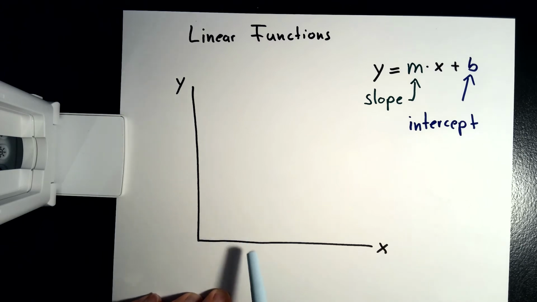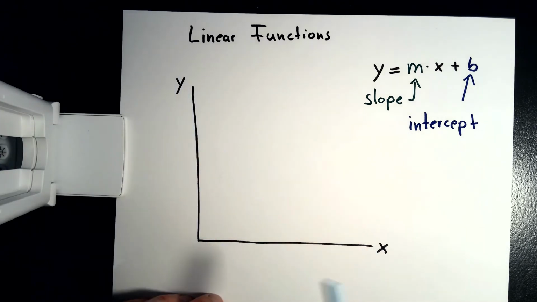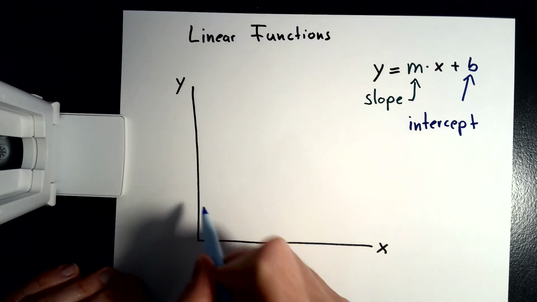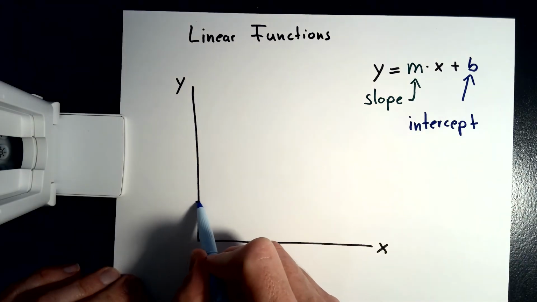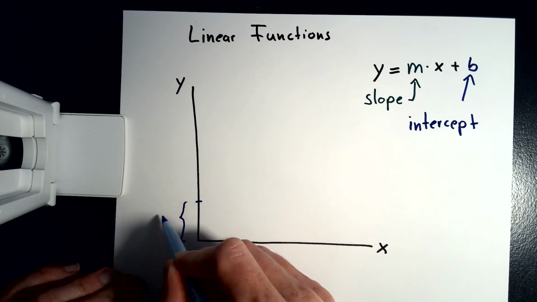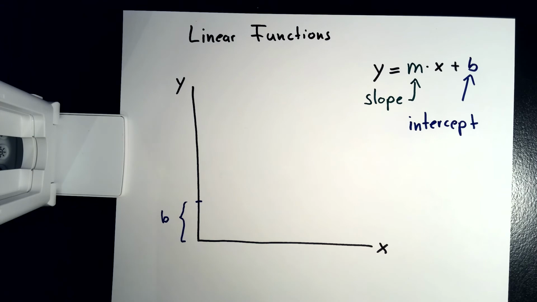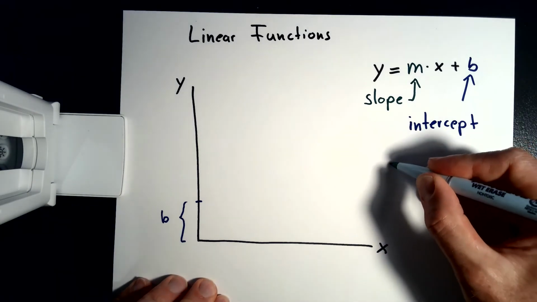So when you're graphing a linear function, then you have x on the horizontal axis and you have y on the vertical axis. Then the intercept b is where the function cuts the axis. So this distance here is equal to b. And then assuming here that we have a positive slope.